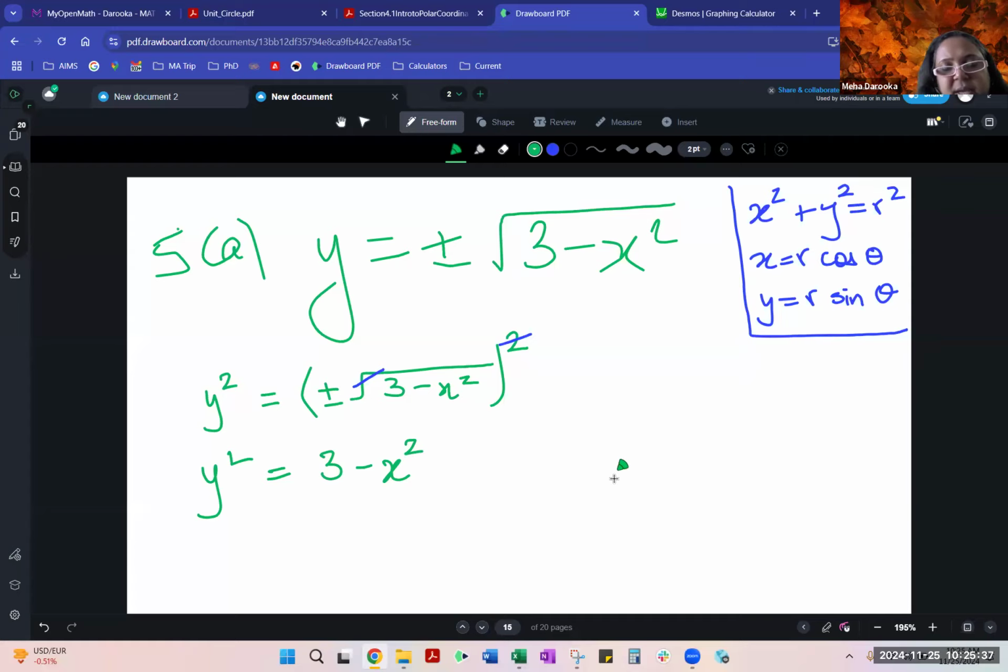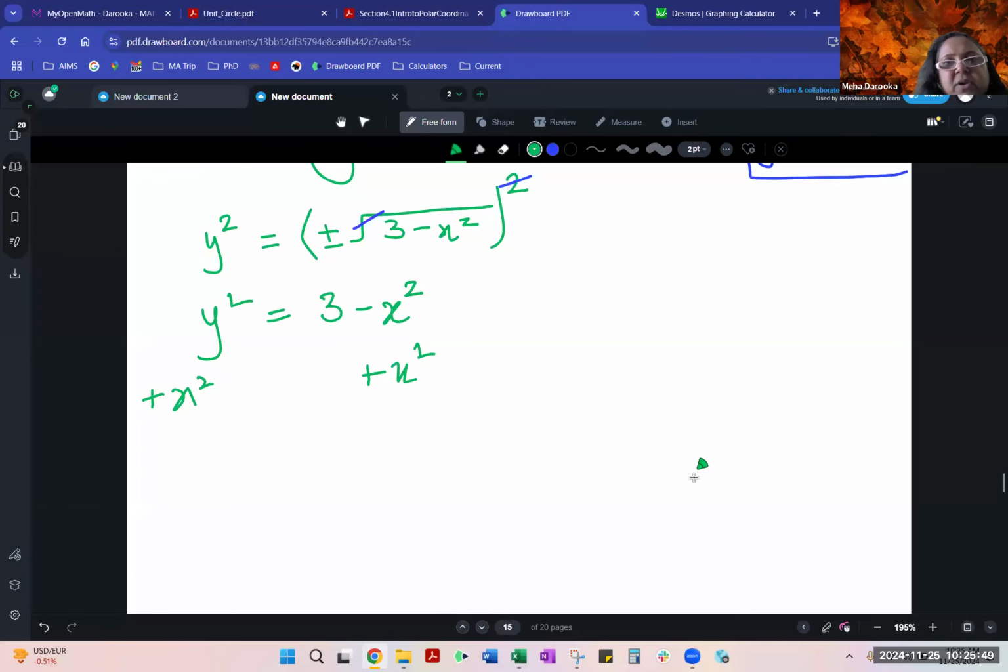And then, of course, we can actually move that x squared, bring it on the left-hand side so that we can have x squared and y squared on the same side. So here you will notice, again, these guys cancel out. And we're left with x squared plus y squared equals 3.